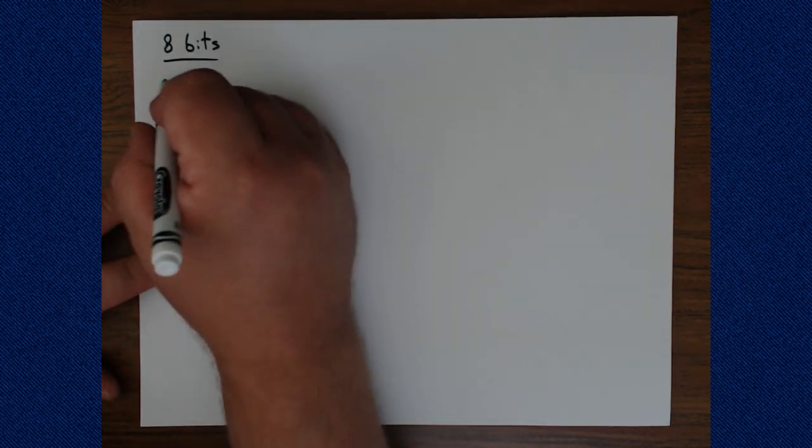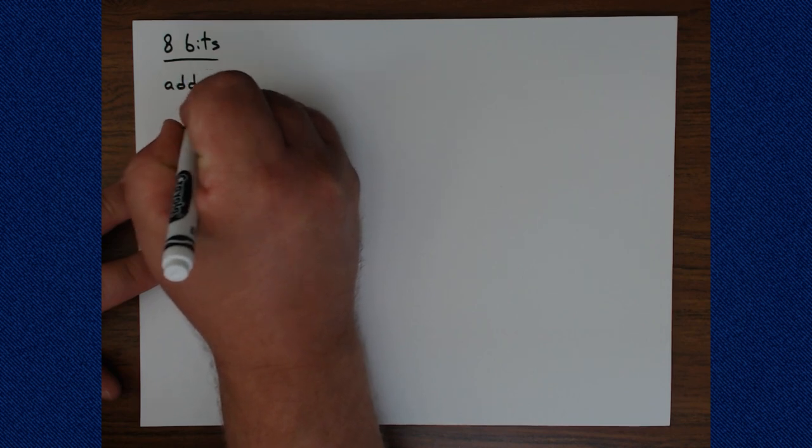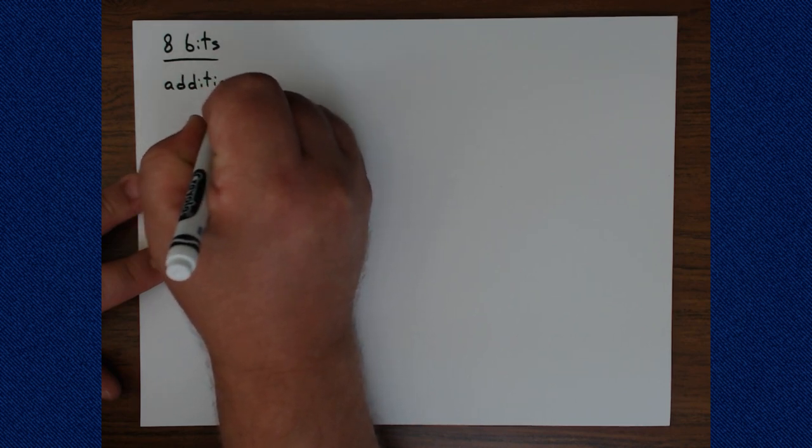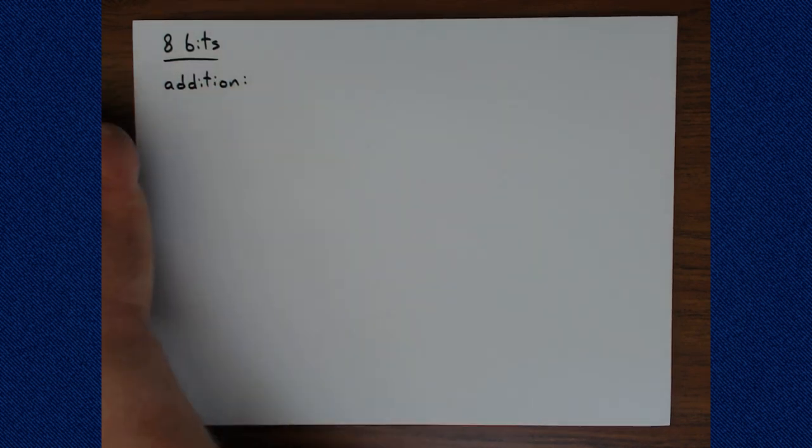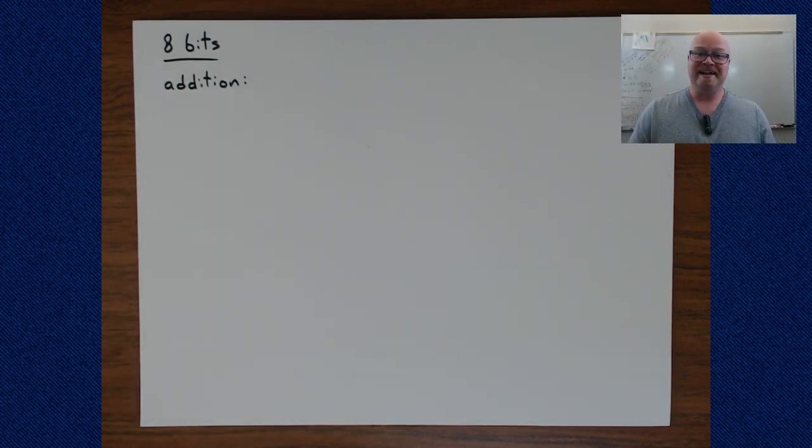Now let's do addition first, because addition is one of the most repeated operations inside of a CPU. We do addition all the time. For loops, we're adding one, and in some situations, of course, with loops, we're decrementing one. But that's subtraction, and subtraction is really addition of a negative number.